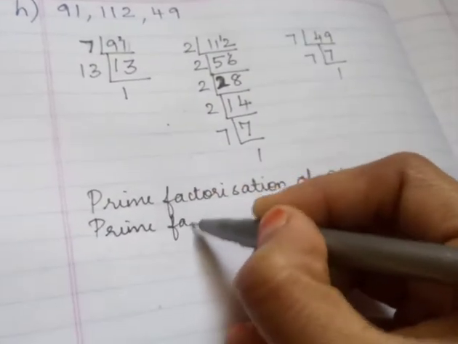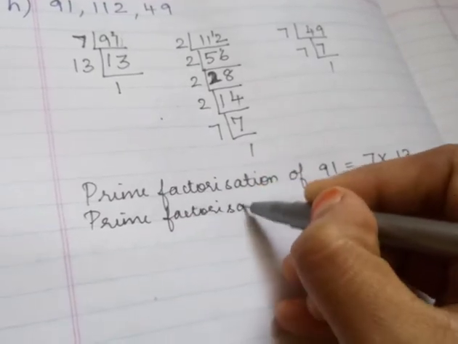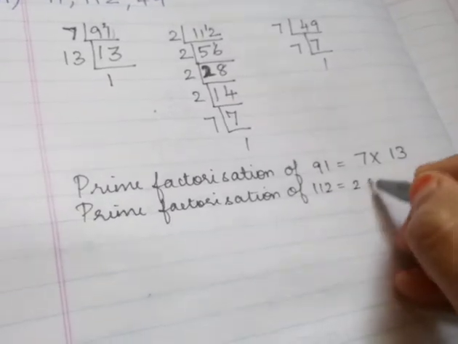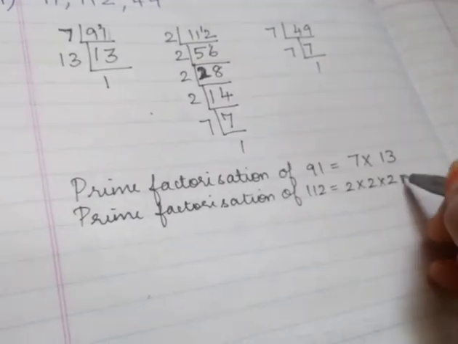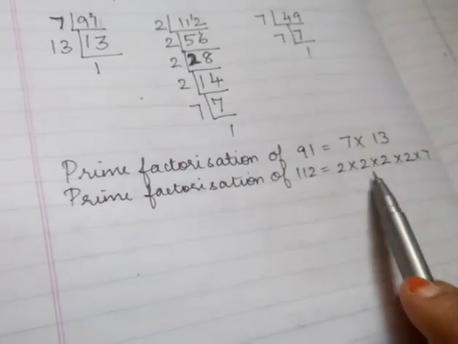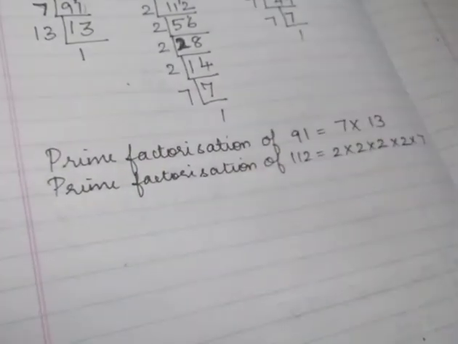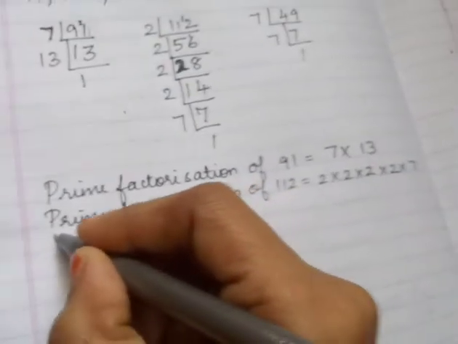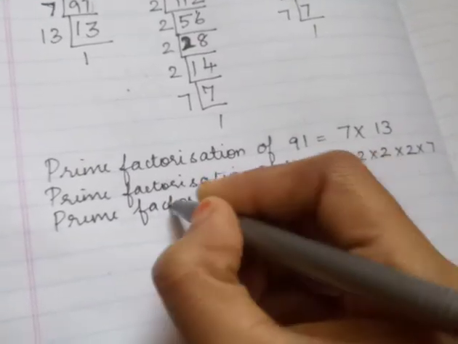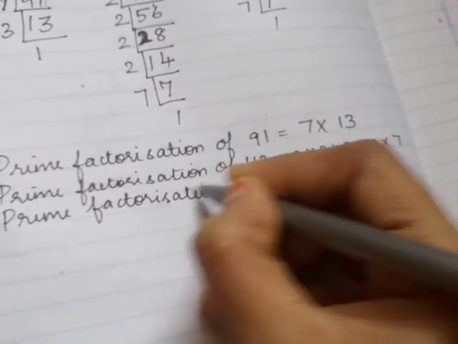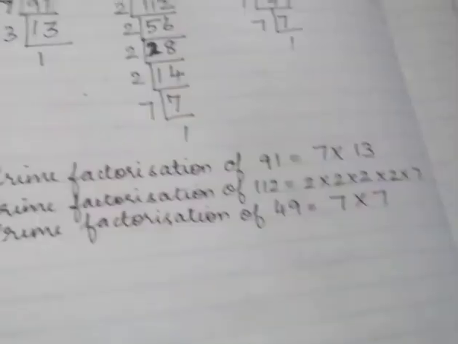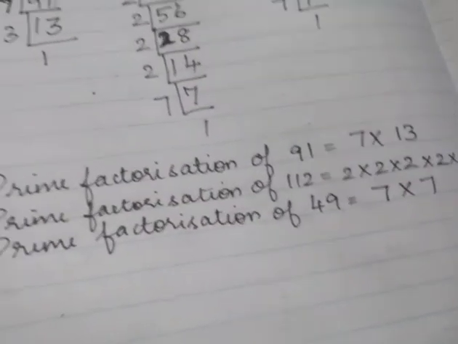Prime factorization of 112: 2 into 2 into 2 into 2 into 7. 1 2 3 4, four 2s are there, into 7. Okay. Next. Prime factorization of 49 is equal to 7 into 7. Now you understood how I have written?